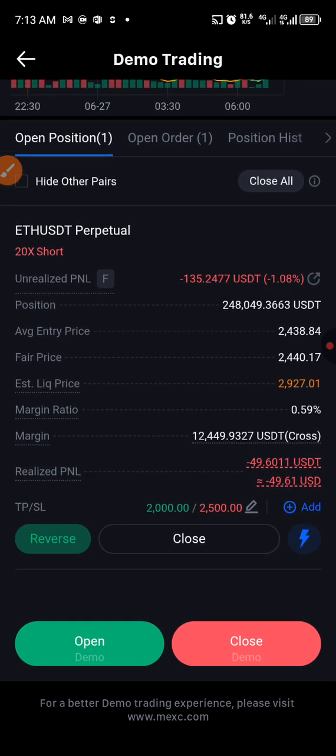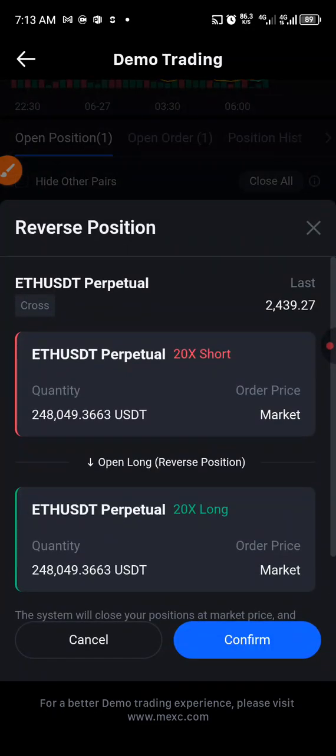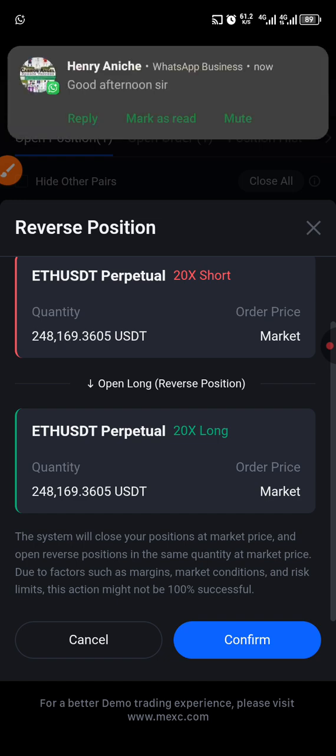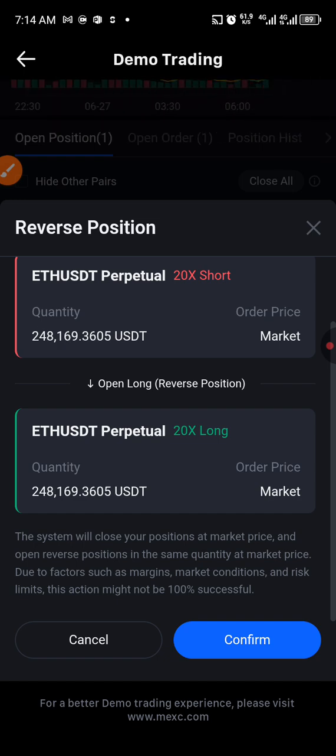All you need to do is click on reverse. Then you are saying, since the trade is not going in my favor, I want to change my short to long. Once you click on confirm, the market will reverse it, and if you were on short before, you will now be on long.